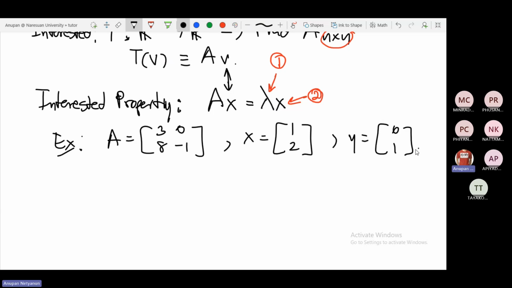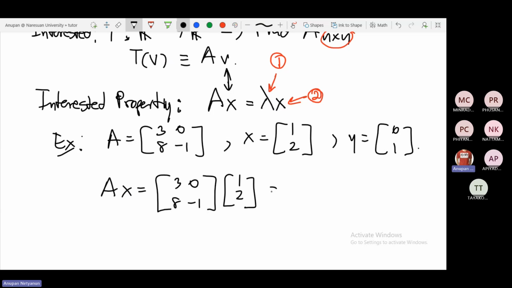If you notice, when you multiply A to x, so you have [3, 0; 8, -1] multiplied to 1, 2. See what happened. You line up 1, 2 over here, and what you get is 1 times 3 is 3, this one is 0, so you get 3. This one is 8, this one is -2, so you have 6.